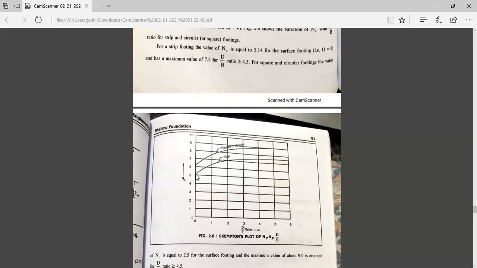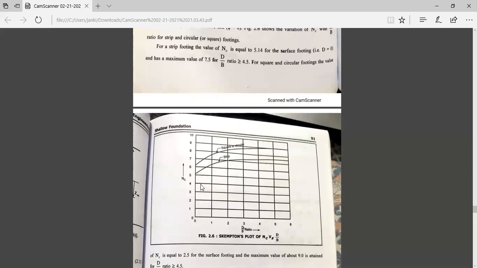There is this line starting just above the value 5, right? So we take 5.14 for the surface footing, when the D by B ratio is equal to 0, and the maximum value is 7.5 for a D by B ratio greater than 4.5, right?